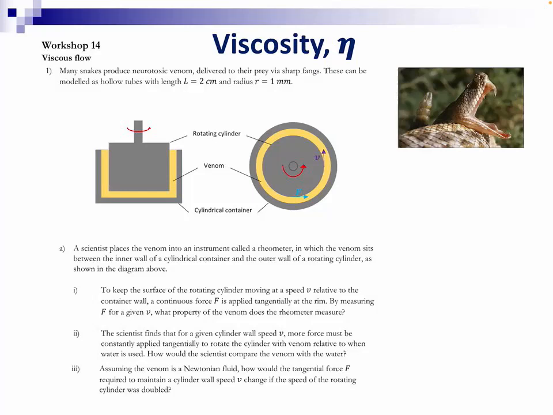Right. So the first question says that to keep the surface of the rotating cylinder moving at a speed v relative to the container wall, there's a continuous force applied tangentially at the rim. By measuring force for a given velocity, what property of venom does the rheometer measure?